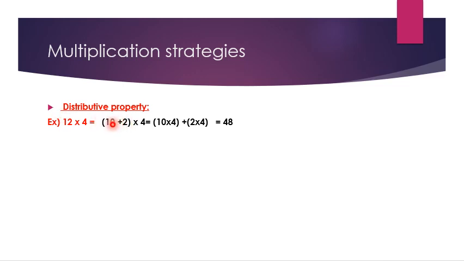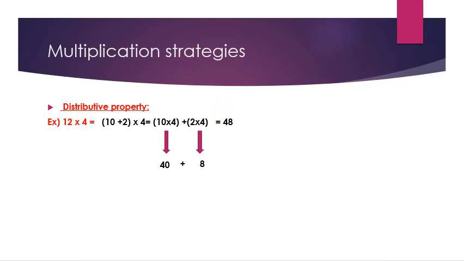Exactly. I will take 10 by 4 the first time, then 2 by 4 the second time, with a plus between them. 10 by 4 equals what? 10 by 4 equals 40. Great job. 2 by 4 equals what? 2 by 4 equals 8. So 40 plus 8 equals 48. We have the same result as the area model.